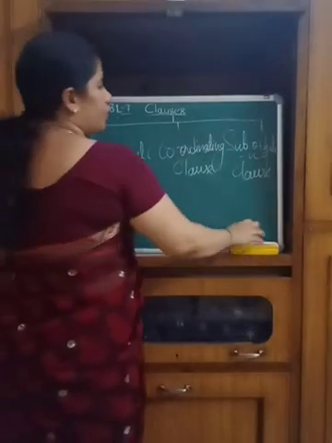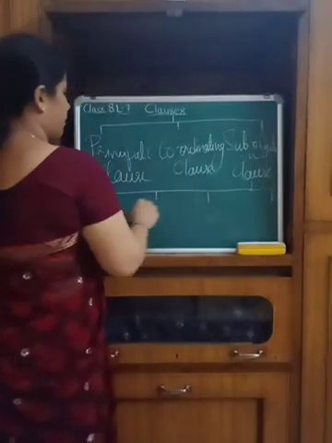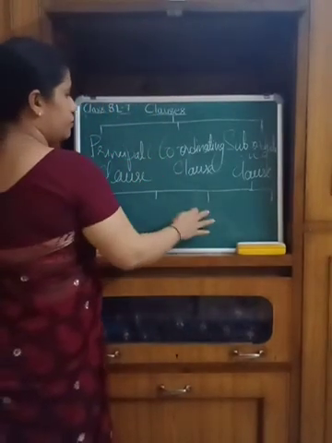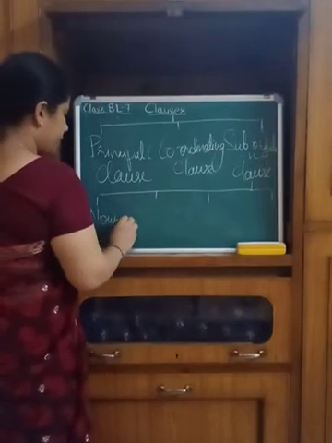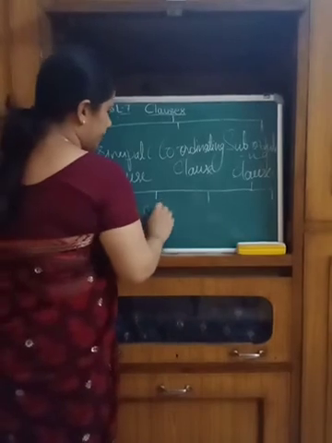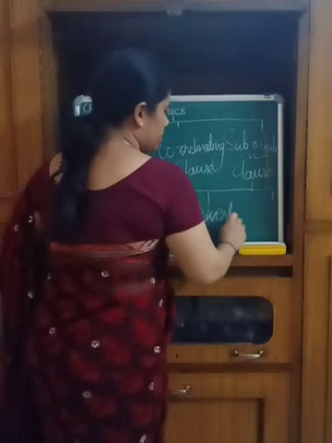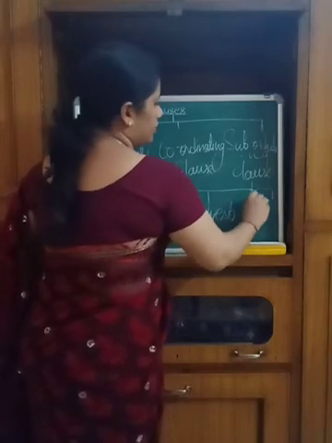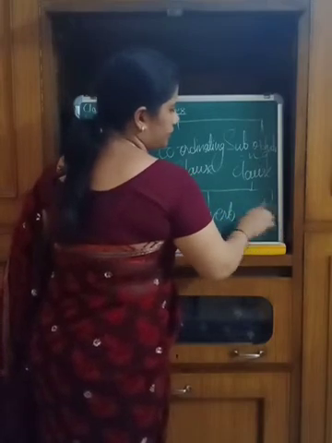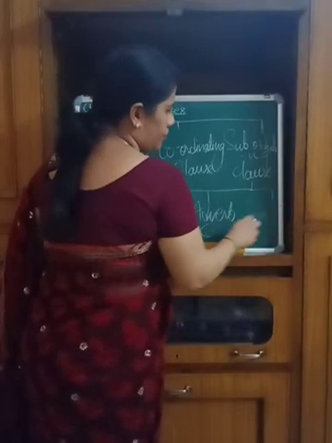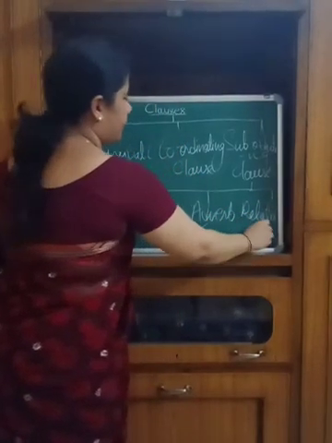The subordinating clause can again be subdivided into four: the noun clause, the adjective clause, the adverb clause, and the relative clause.